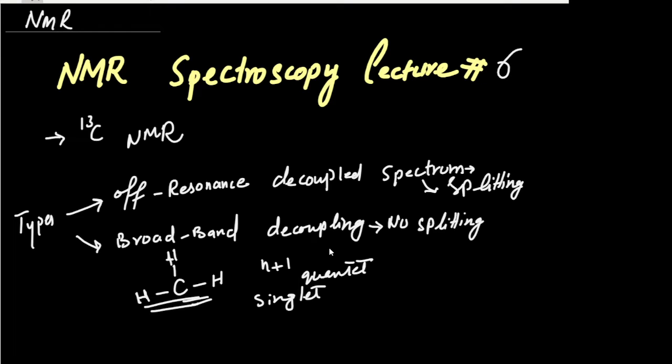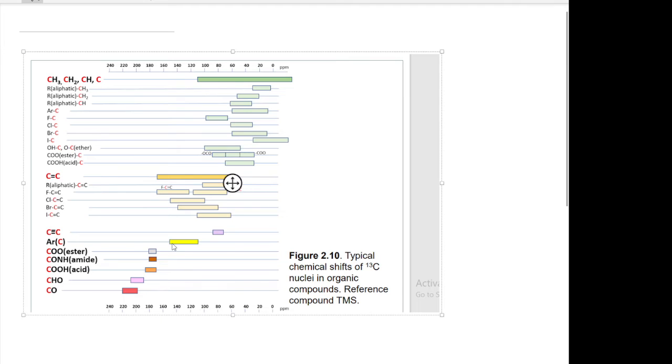So let's move to the shift. These are the chemical shifts for the carbon-13 nuclei. As you have studied about the chemical shift for proton nuclei, for the proton nuclei the chemical shift ranges from 0 to almost 12, but here it is 0 to 240.